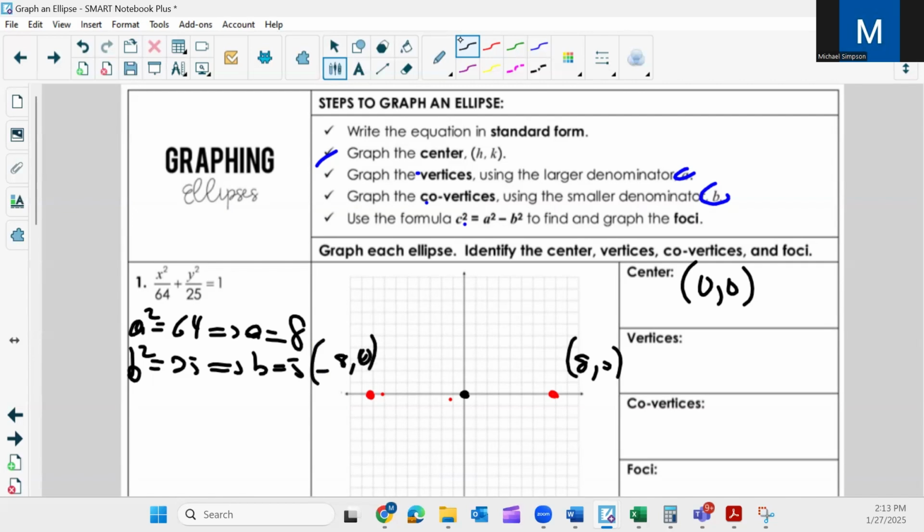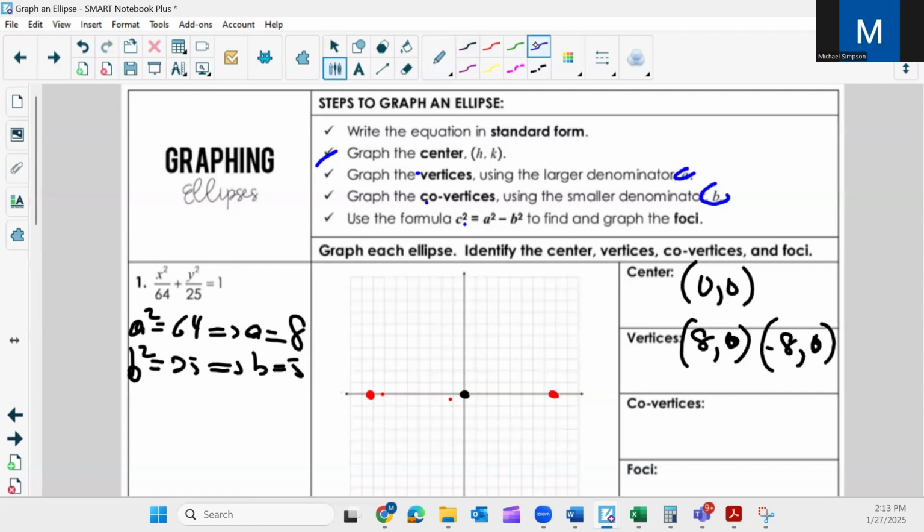Okay, so it's going to be 8, 0, and negative 8, 0. Good? All right. Okay, let's find out our minor. My co-vertices now, I'm going to go up 5. 1, 2, 3, 4, 5, and down 5. 1, 2, 3, 4, 5.